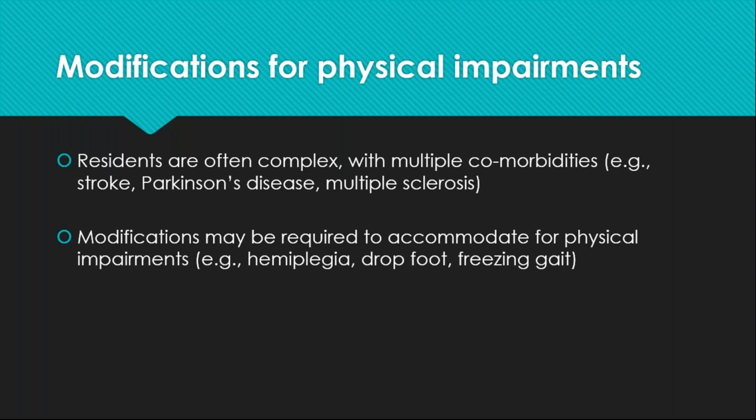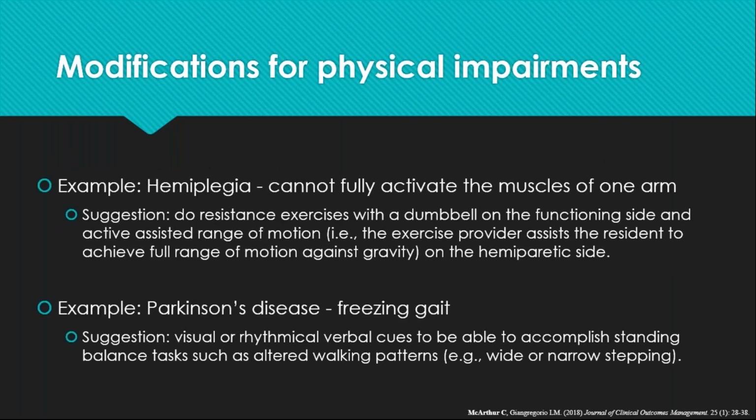For example, if they have a hemiparetic arm or a hemiparetic leg where they can't move it, or Parkinson's disease where they might have freezing gait, so they can't initiate their step, or they get kind of stuck, or multiple sclerosis where they have profound weakness. So there are definitely modifications that can be made to accommodate these residents and should be made to accommodate these physical impairments. So here's just a couple examples.